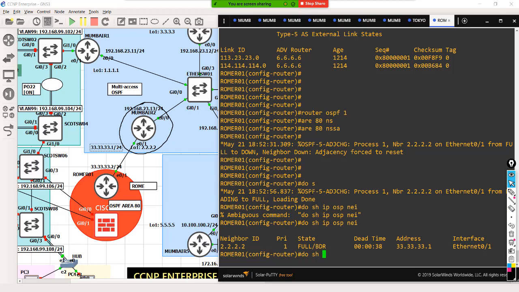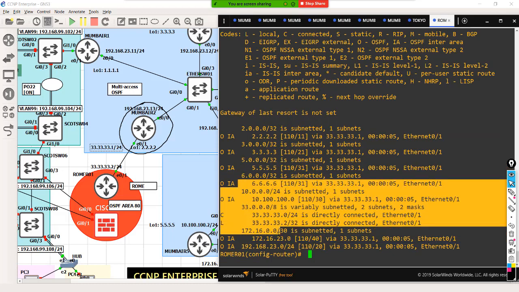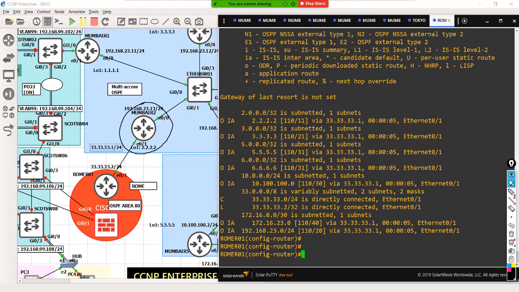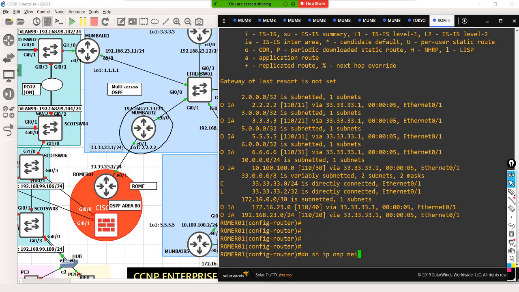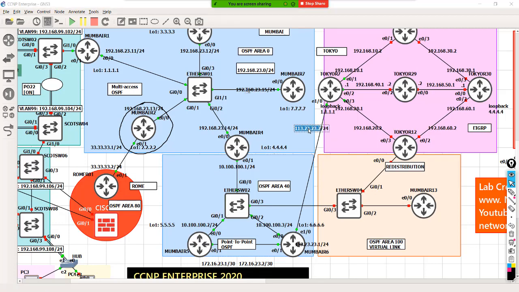Now how about our routing table? So the routing table is taken care of, there is no 113, there is no 114. Okay, do we have the reachability? First let's confirm that. Can I still ping this IP?